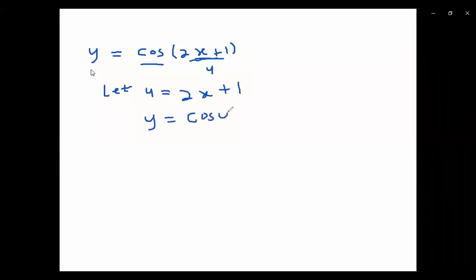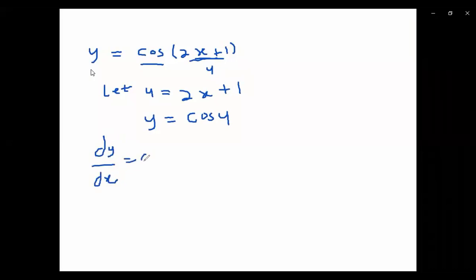Which means that y is a function of u and u is a function of x. So the chain rule helps us to do that differentiation. So dy/dx can also be expressed as what?